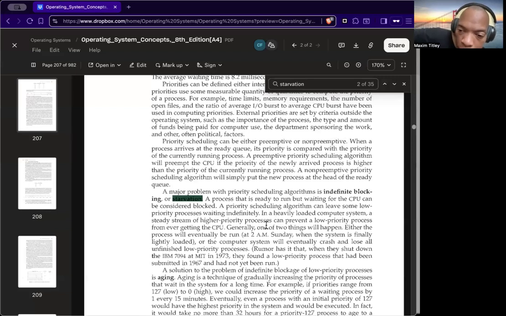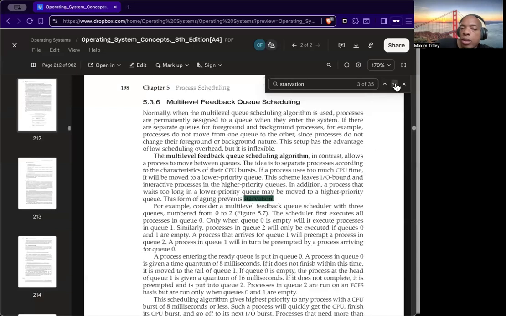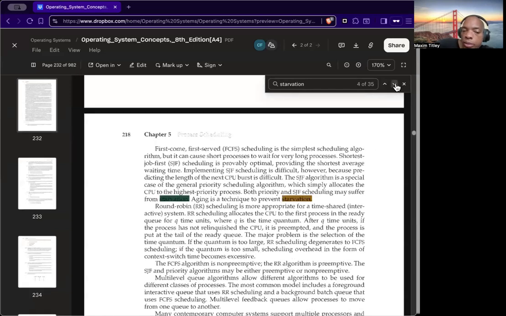Let's suppose that another higher priority process shows up, despite having shown up much later than a previous process. That means that the other process won't run. So the one that just can't run indefinitely, that is the one that is starved of resources because it won't enter into the execution stage of its life cycle.